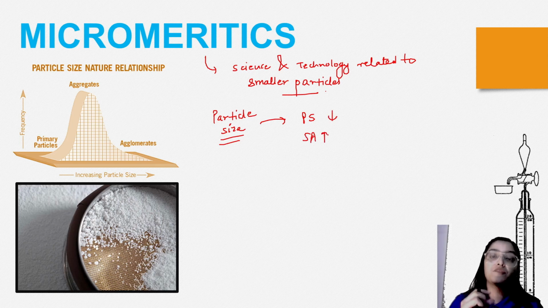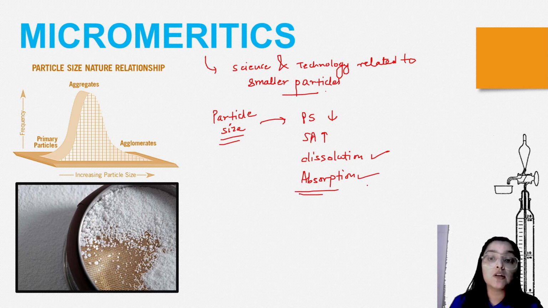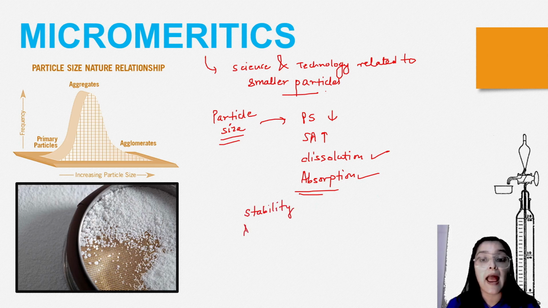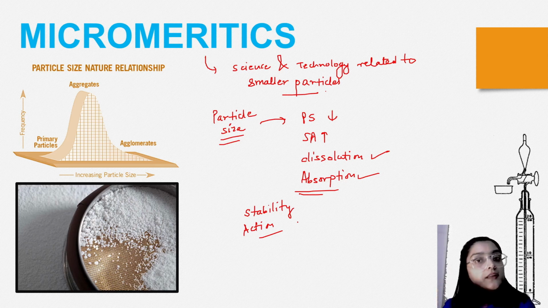The specific surface area is more, so the dissolution is better, and the absorption hence will also be better. These concepts can be used for designing a system with smaller size, which provides better stability, better action, and a good formulation. So the smaller the particle size, the better the surface area, the better the dissolution, and the better the action.